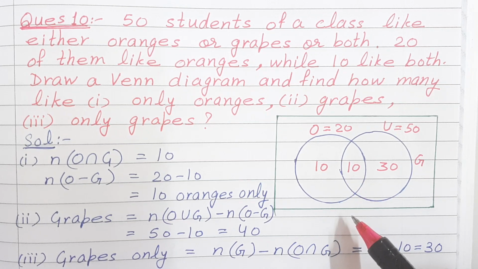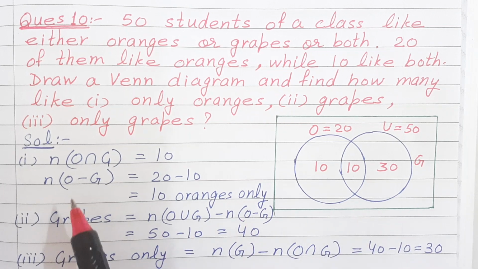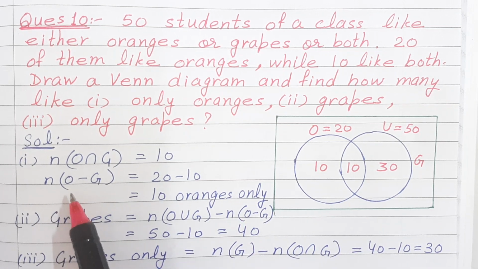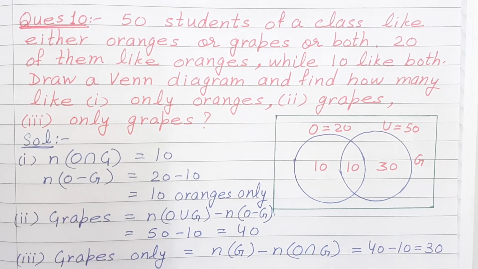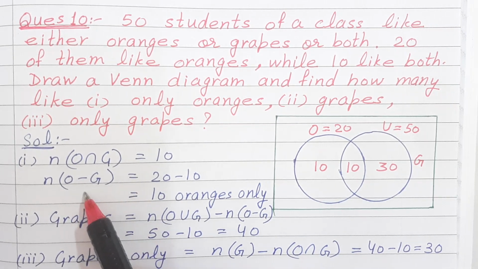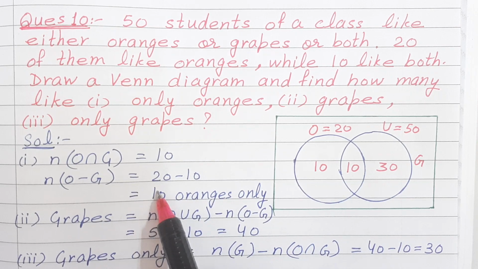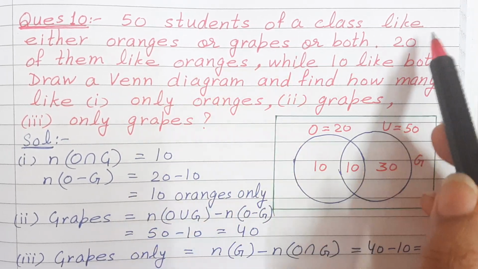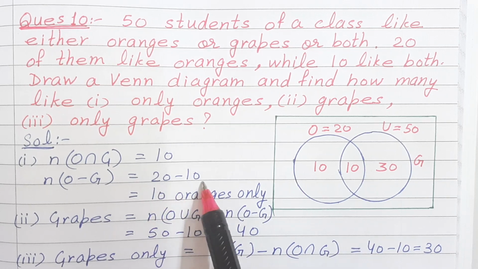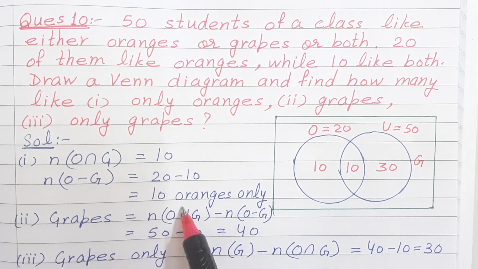Now oranges minus grapes means only oranges, that is 20 minus 10, because 20 like oranges. So 20 minus the common elements is equal to 10 here.